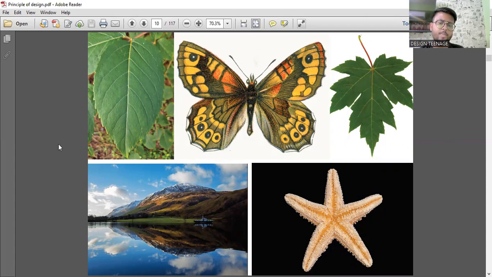Now, this hill section with water below, see how everything is being reflected and symmetrical balance is being shown. I could have given you an example of how symmetrical balance could be not maintained and made asymmetrical, but you will get a very similar example in the next part, when we discuss asymmetrical balance. Now, moving on, the starfish is also one of the best examples.